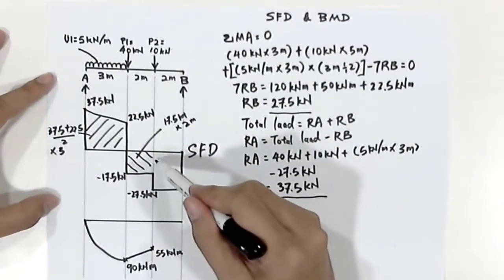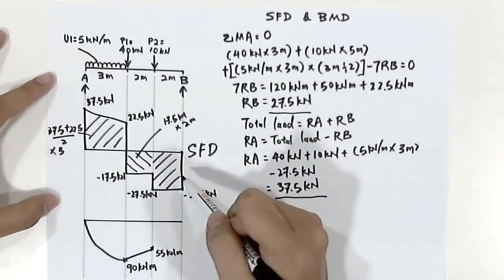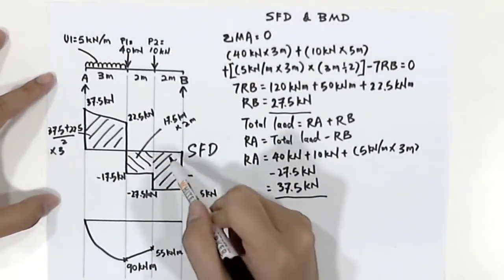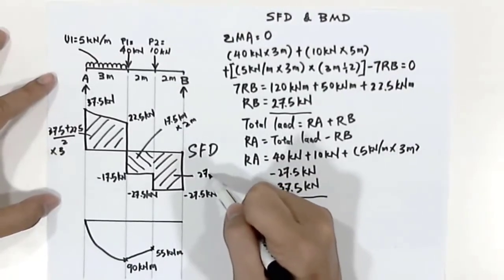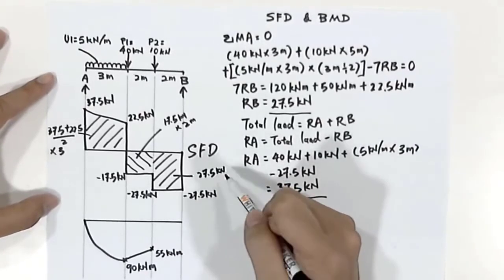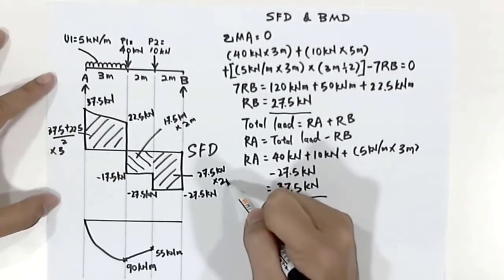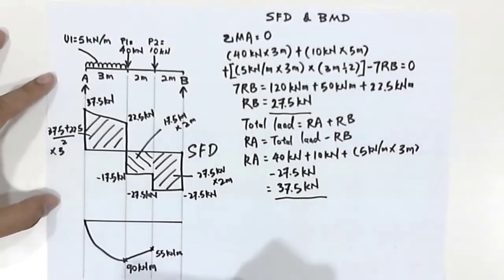To complete the bending moment diagram, we should calculate the last section, which is 27.5 kilonewton times 2 meter. The answer will be 55 kilonewton meter.